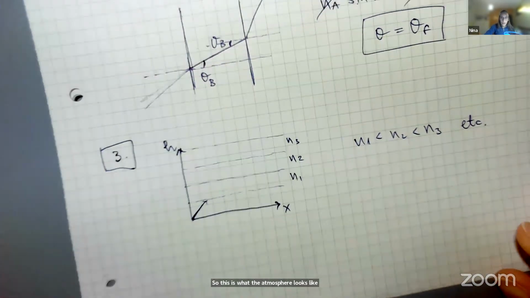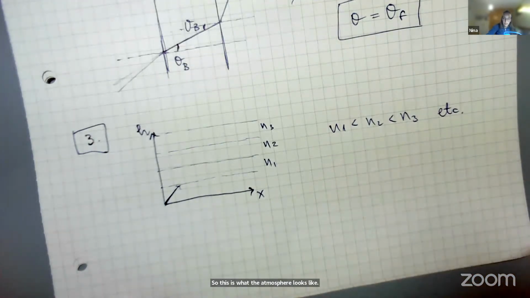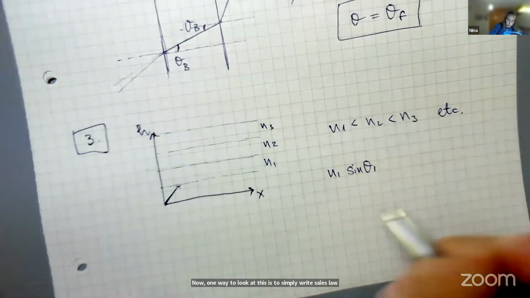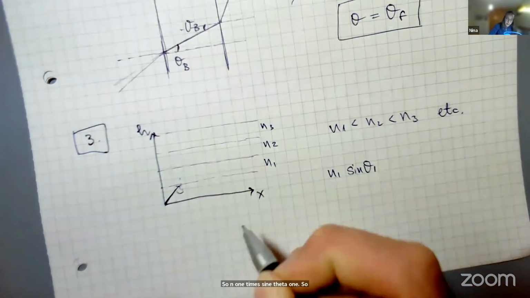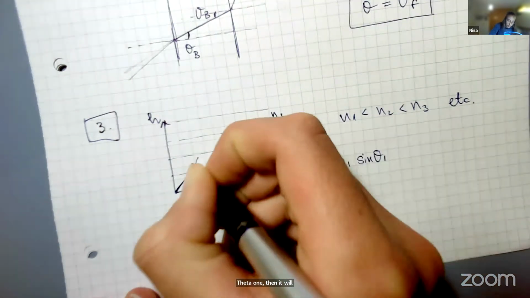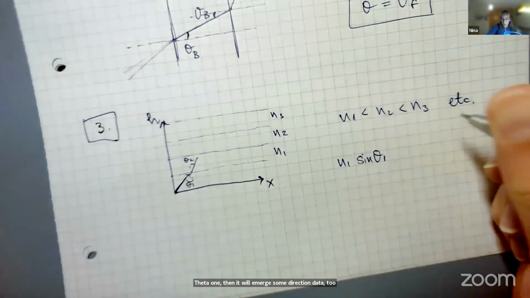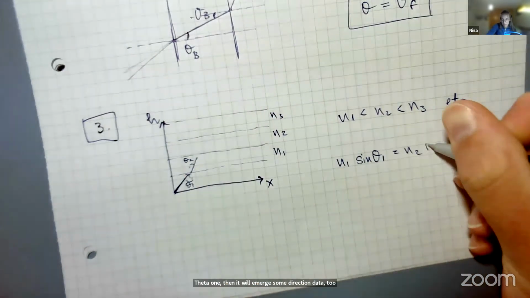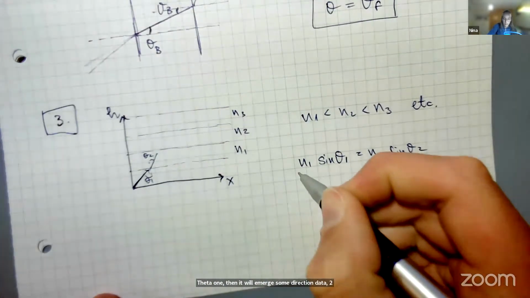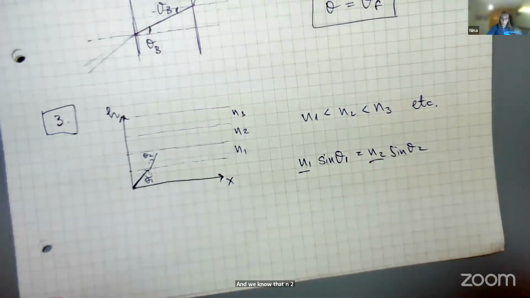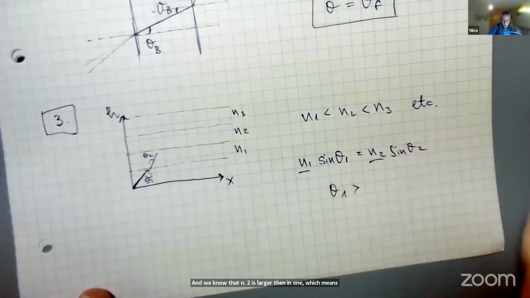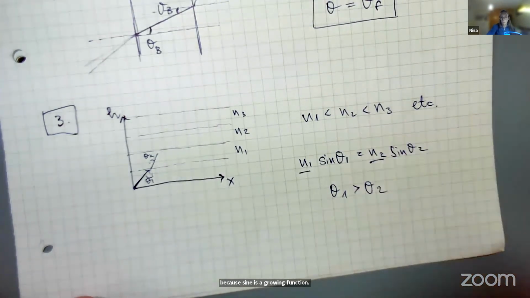Now, one way to look at this is to simply write Snell's law. So N1 times sine theta 1. So if this is incident at theta 1, then it will emerge in some direction theta 2. And we know that N2 is larger than N1, which means because sine is a growing function, that theta 1 would be larger than theta 2.